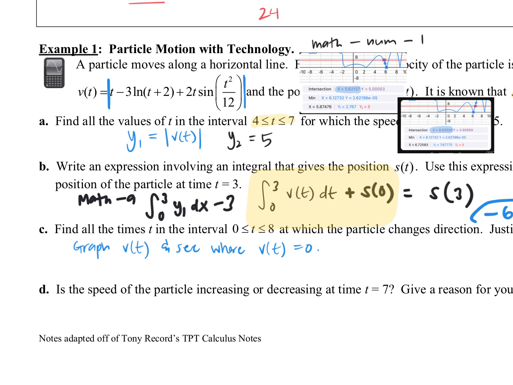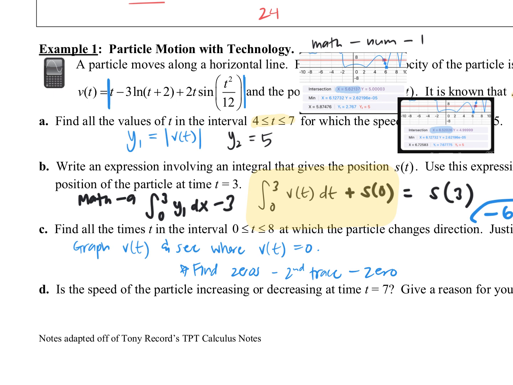So if you graph v of t, then you're going to find your zeros, which is using your calculator second trace again, and then option 2 for zero.